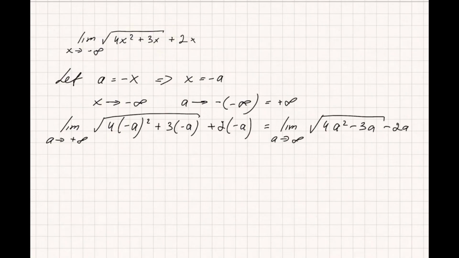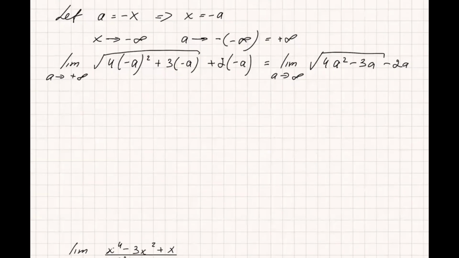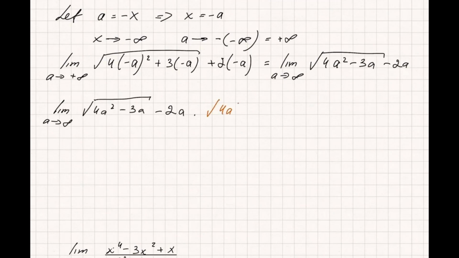Okay, so now it will be easier for us to work. So let's now multiply by the conjugate of this expression, and I will have limit as a approaches infinity of square root of 4a squared minus 3a minus 2a times square root of 4a squared minus 3a plus 2a, and I divide by the same expression, square root of 4a squared minus 3a plus 2a.